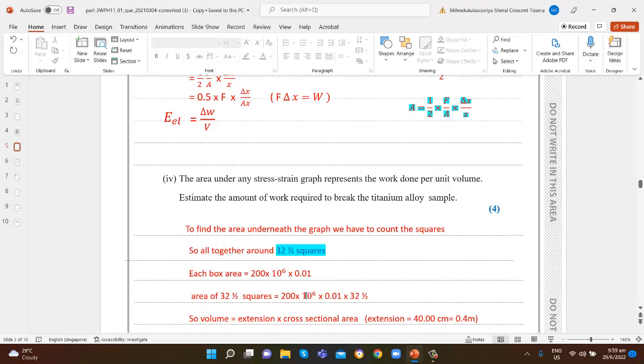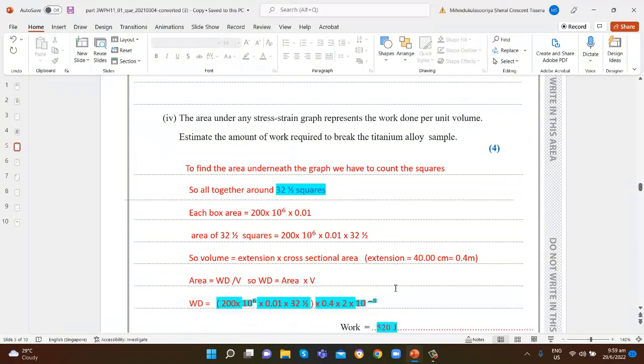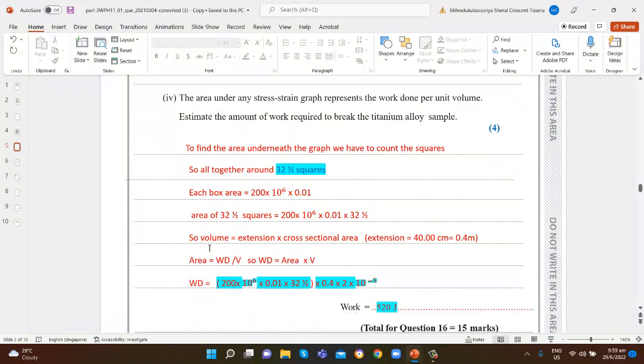Then you multiply by 32 and a half squares. Volume is going to be extension into cross-sectional area. Extension is given in centimeter, so convert it to 0.4 meter. Area is going to be WD over V, so WD will be area into V. You multiply this, and the work required, the work done, is 520 joules.